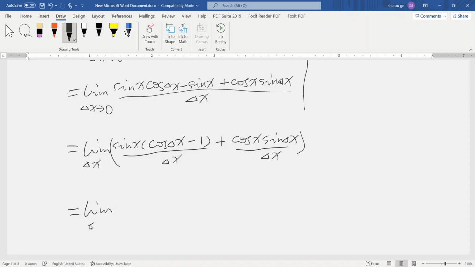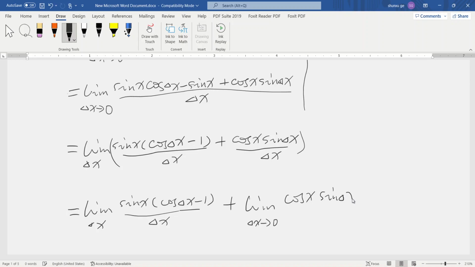Then the limit as delta x approaches 0 of sin x times (cosine delta x minus 1) over delta x, plus the limit as delta x approaches 0 of cosine x times sin delta x over delta x.